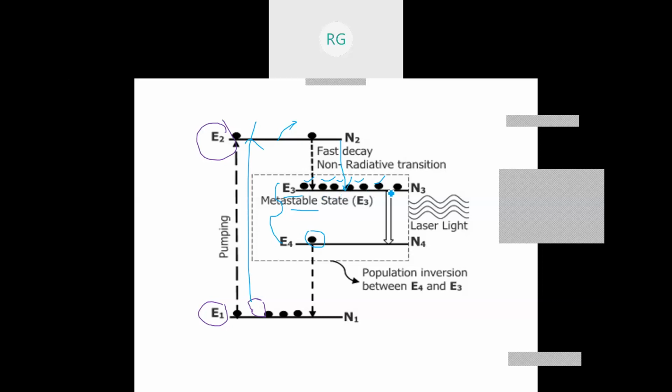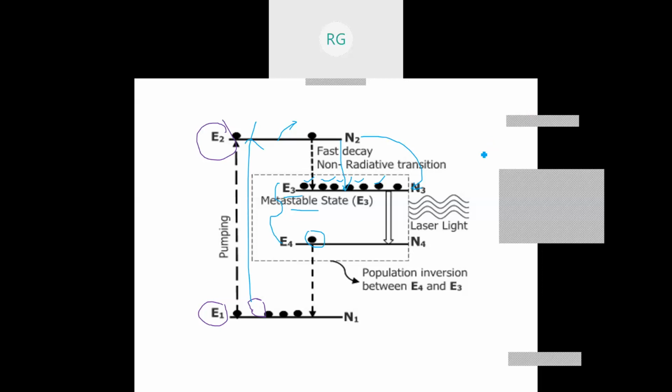But the atoms coming from E2 to E3 will not emit any radiation, because the energy difference between E2 and E3 is so small that the energy dissipated is liberated in the form of heat.